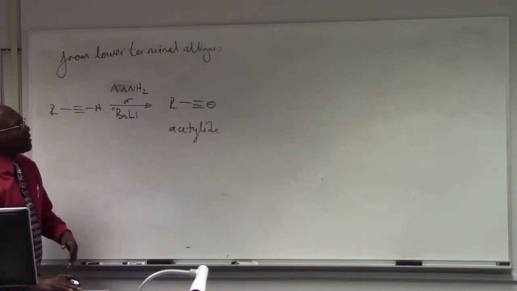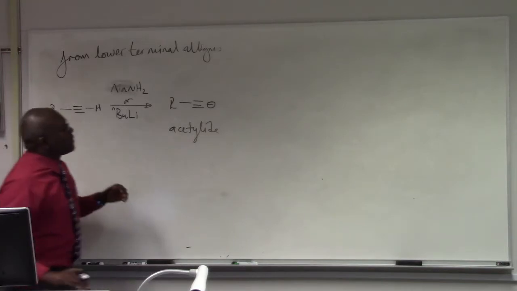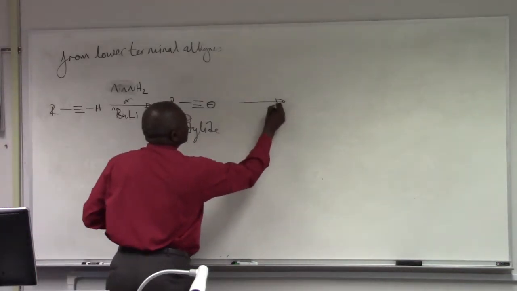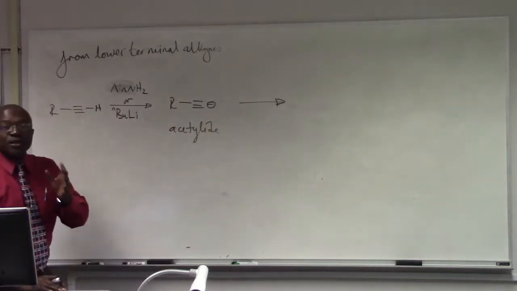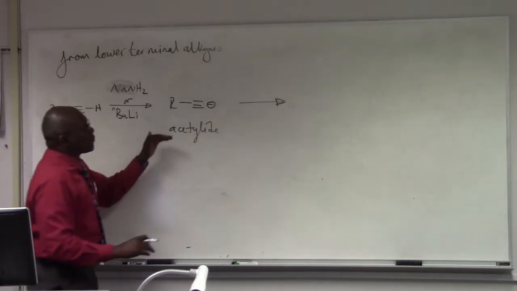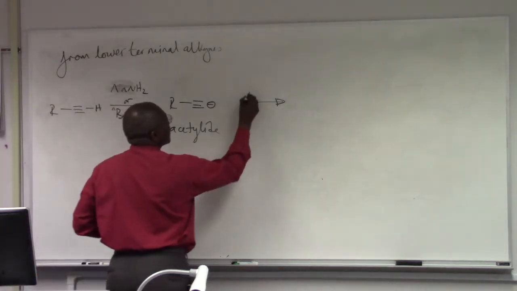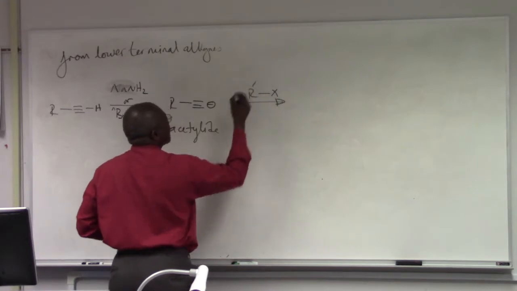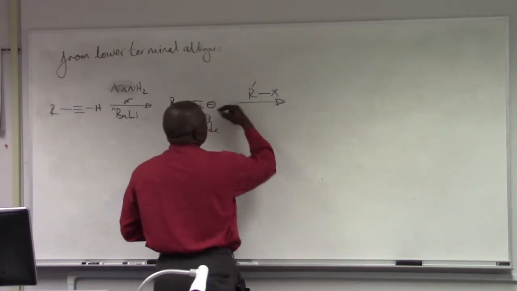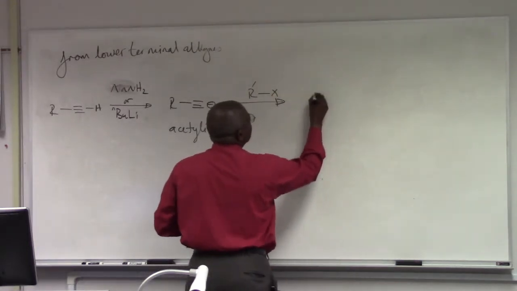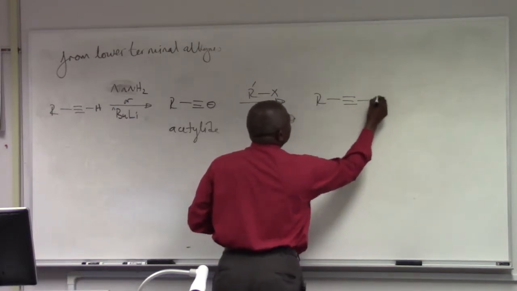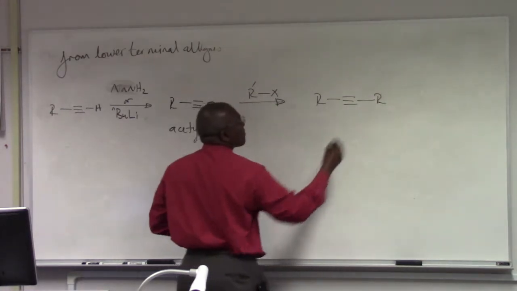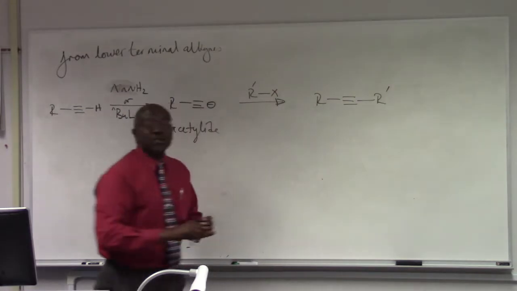The acetylide is a nucleophile. And so that actually can react with other haloalkanes, let's say R prime X. I can do an SN2 reaction, and that's going to generate the corresponding internal alkyne.